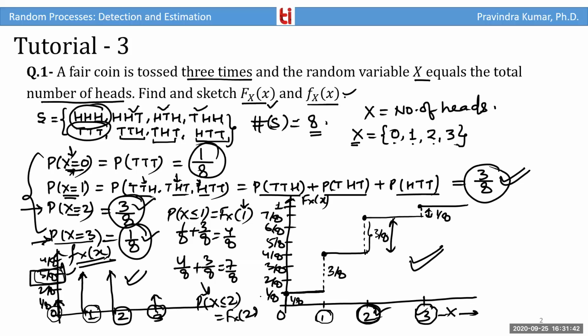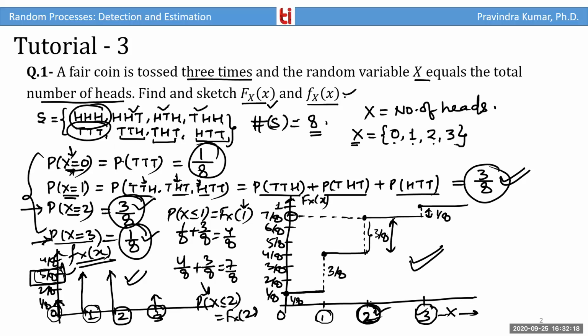But if I want to find out the sum of the probability at x equal to 2, meaning the sum of the probability of getting less than or equal to 2 heads, 2 means I can get 0 heads, 1 head, or 2 heads. So the sum of the probability, or you can say probability x less than or equal to 2, will be on the y-axis.